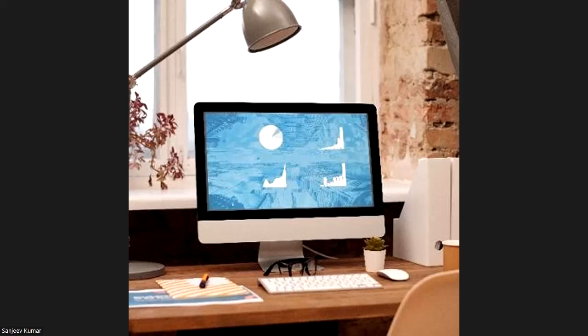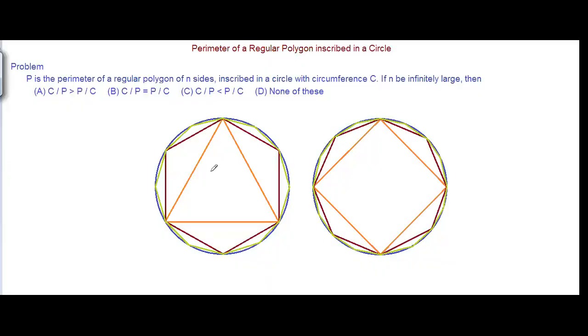I am going to share this. This was the third problem in the quiz. P is the perimeter of a regular polygon of n sides inscribed in a circle with circumference C. If n be infinitely large, what will happen?